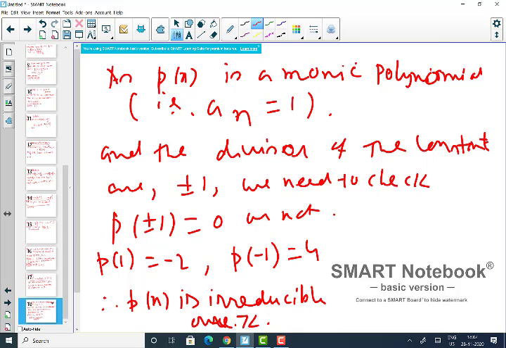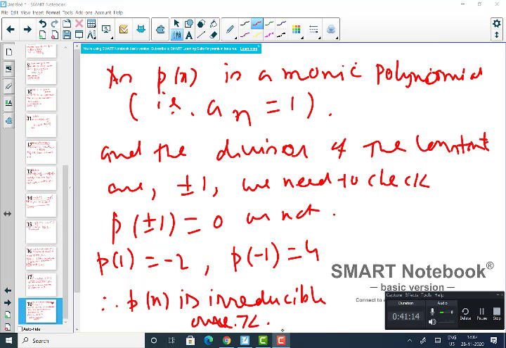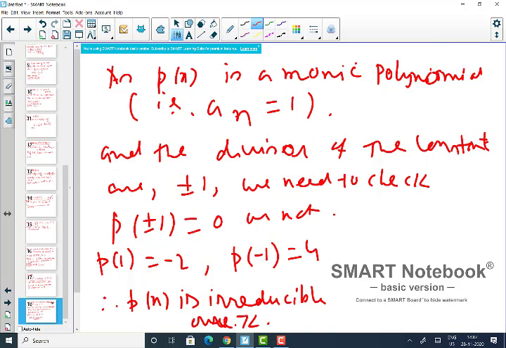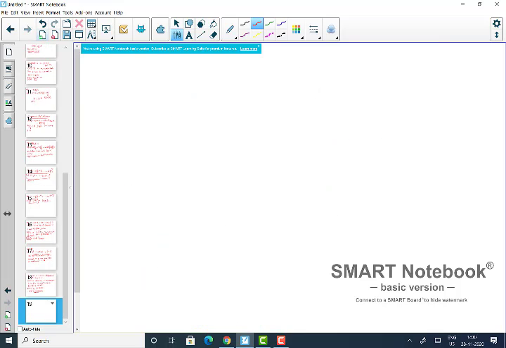Okay, so these kinds of problems are important. You can get this kind of problem. So this is the criteria for Q. Now if you want to find out the criteria for a general integral domain, then what you can do is called the Eisenstein criteria. It's very, very important.